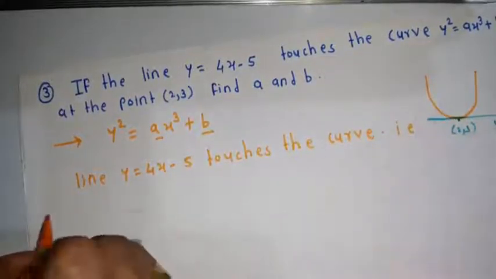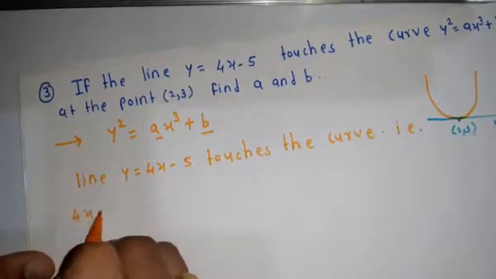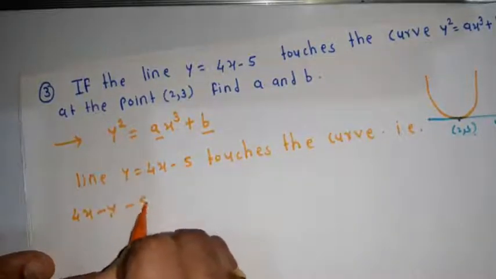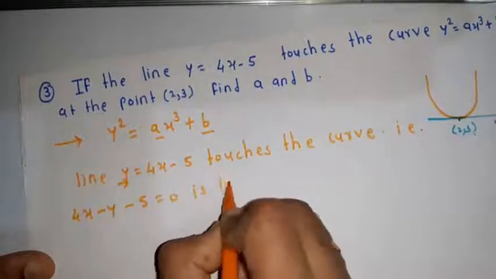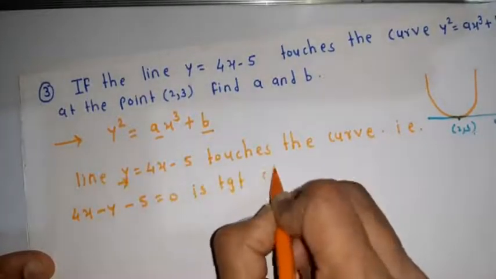That is, the line 4x minus y minus 5 equal to 0 is tangent of the curve.